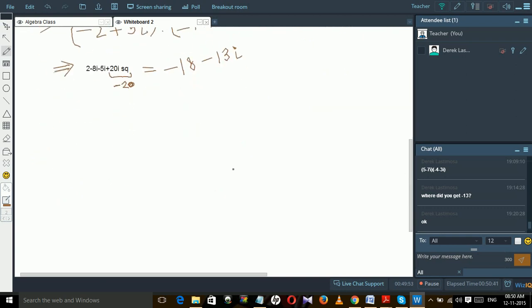The question is minus 1 minus 5 iota multiplied by minus 1 plus 5 iota.